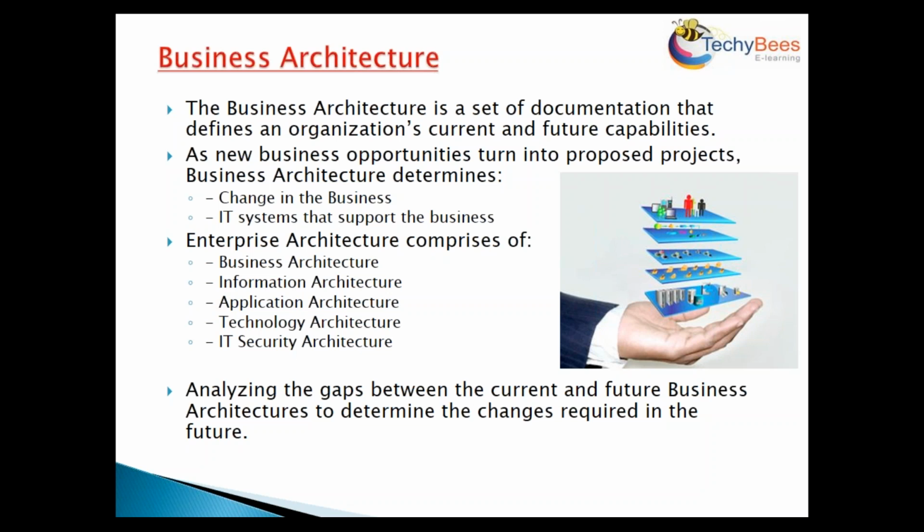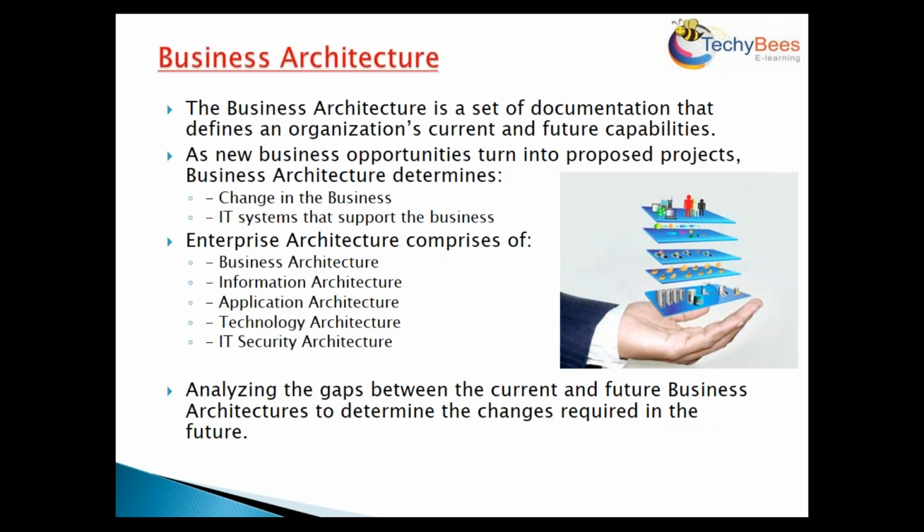Technology architecture is how well you can use different types of technologies that are available in the market and how quickly you can deliver the solution. What is the technology expertise of your organization is determined. IT security architecture, as I told you, is where the network team and the development team together work to provide the IT security norms for the application software that you create.